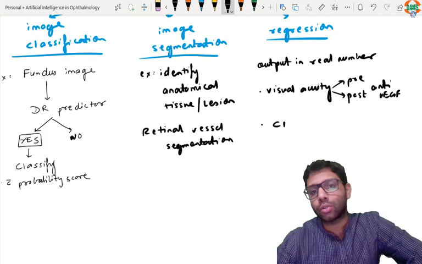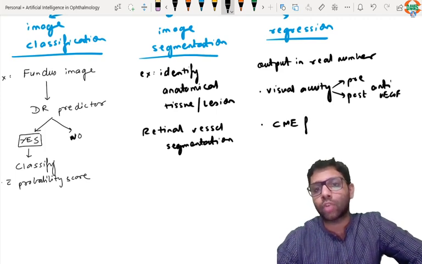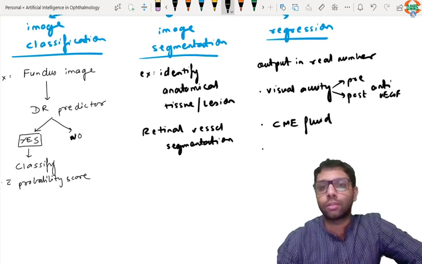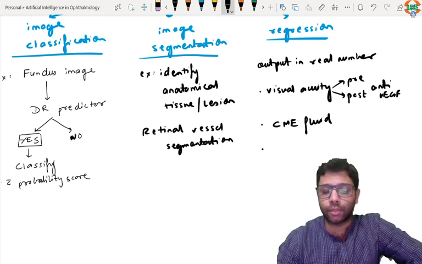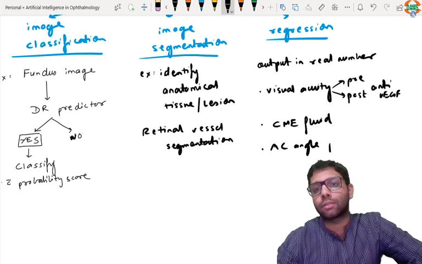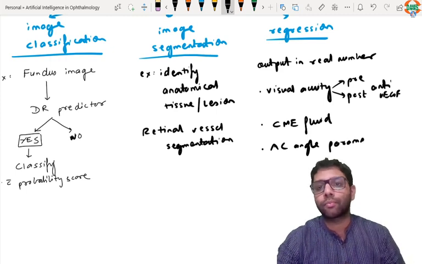It can also tell about the CME, cystoid macular edema, quantifying the fluid. Also, it can tell about the anterior chamber angle parameters in glaucoma patients.